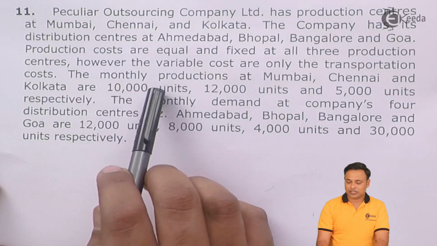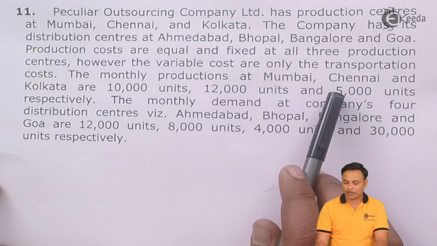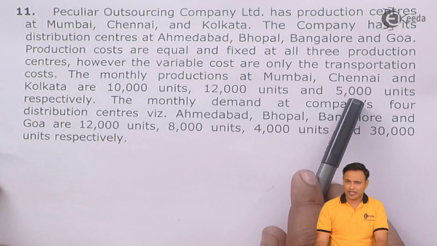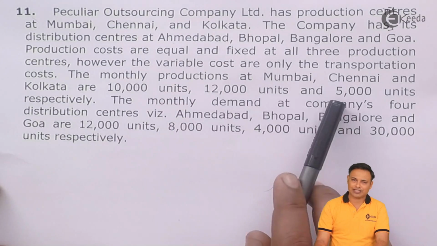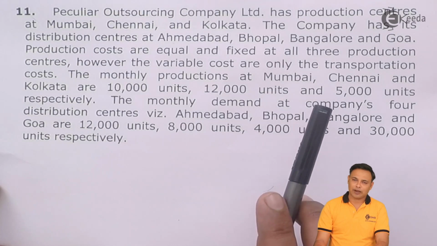The monthly production at Mumbai, Chennai and Kolkata are 10, 12 and 5 respectively. So this comes to 10 plus 12 plus 5, which is 27,000 units, my total supply.